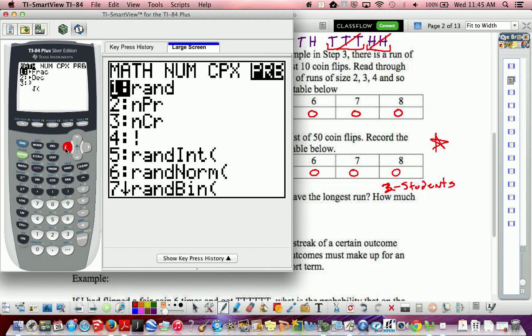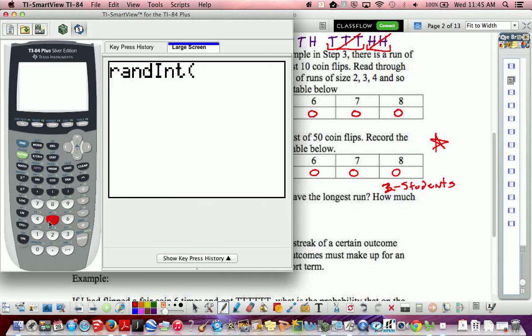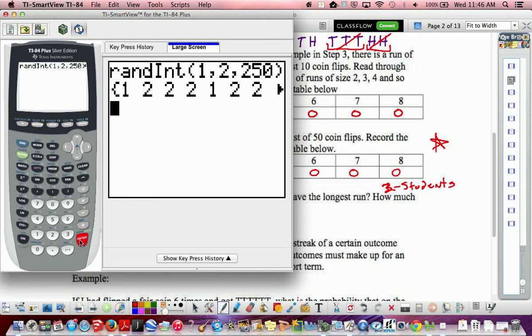If I go to math, probability, random integer, 1, 2, and do it instead of 50 times, he did 1,000, but for time's sake, I'm not going to look at 1,000 numbers. Let's just look at 250 and see if we get a nice long run here.